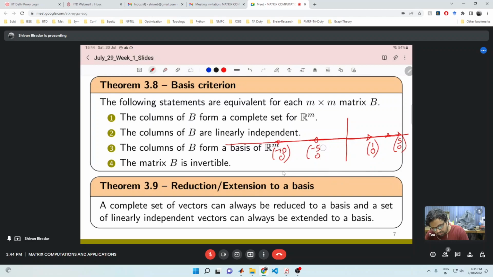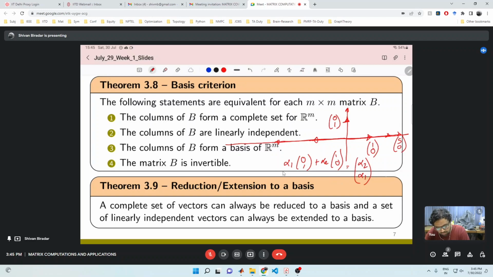Now let us take another vector here. I'll say this is (1, 0) and this is (0, 1). If I take a linear combination of these two, the linear combination would mean alpha 1 times (0, 1) plus alpha 2 times (1, 0). Then this would be (alpha 2, alpha 1).